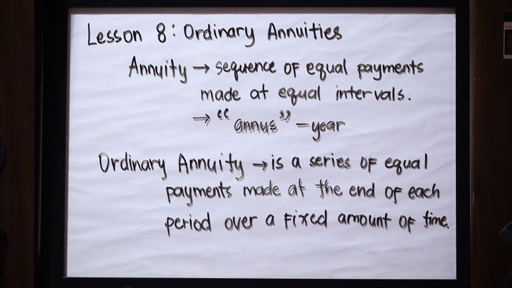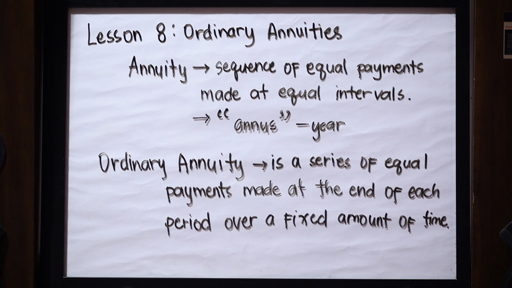So it's either the investor, or the one who pays a company with equal payments, for example, for 3 years he has to pay 3,000 every month. Or the company he invested in will pay him 3,000 pesos every month for 5 years. That's what annuity means. That's how an annuity works. The time between payments is called the payment period.